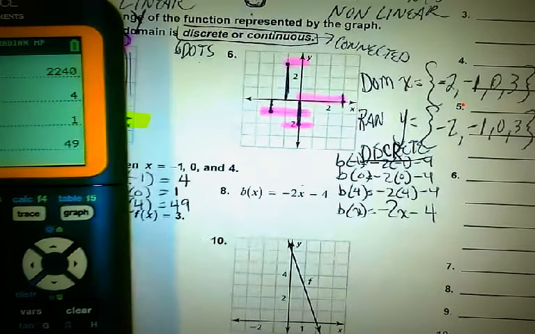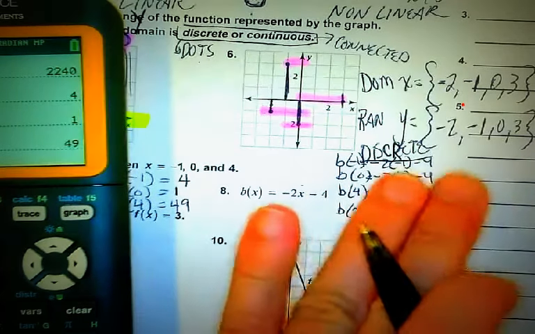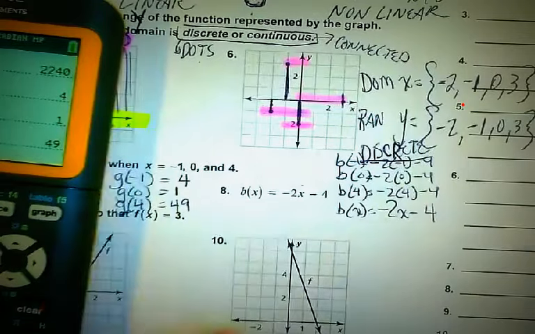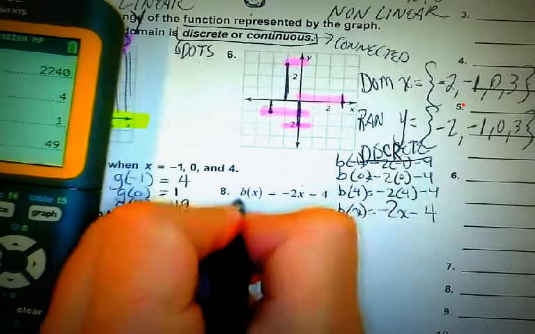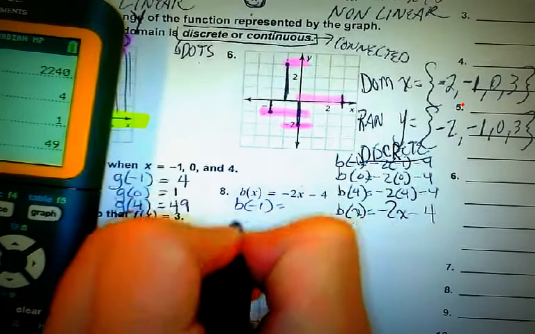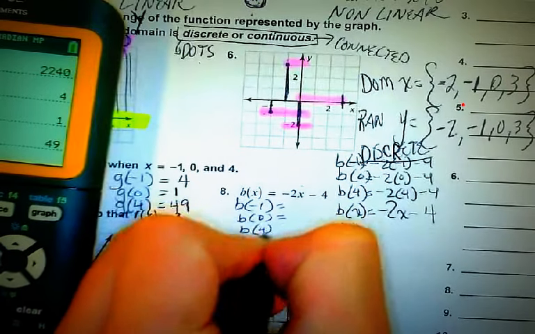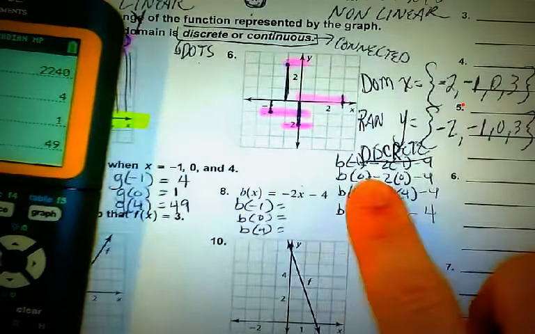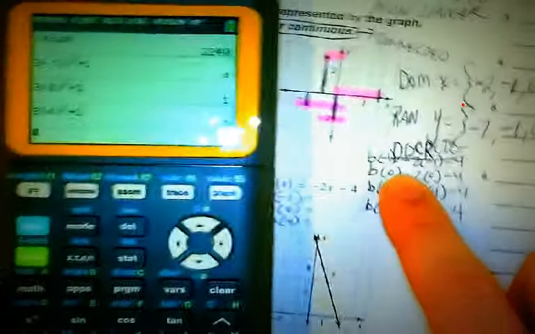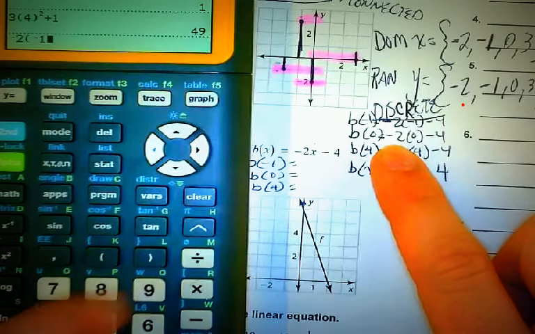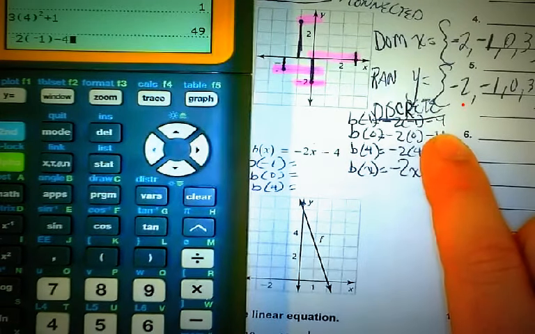All right, so from here, let's put everything in our equations into our calculator so that we can write our final answer. We're going to have b of negative 1, b of 0, and b of 4. So b of negative 1 says negative 2 times negative 1 minus 4.